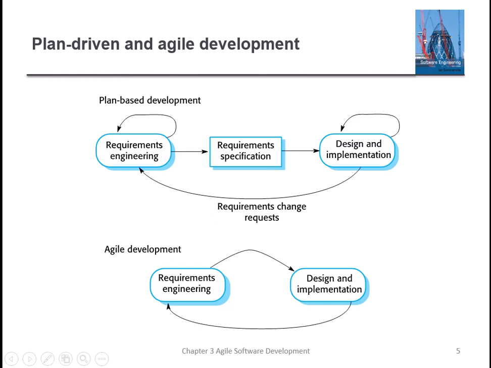The main reason is that in the plan-driven approach, the requirements are mostly stable, and the requirements list is finalized. The specification document is finalized at the start of software development, during the planning phase.